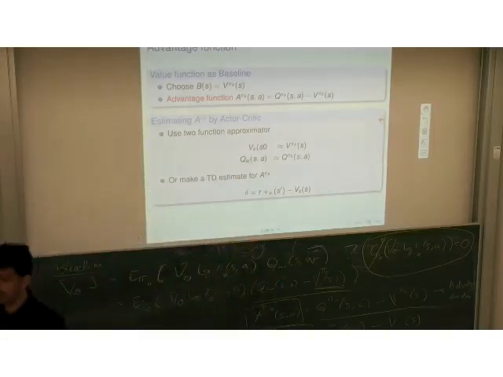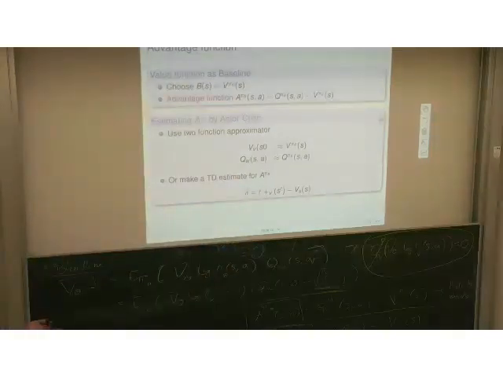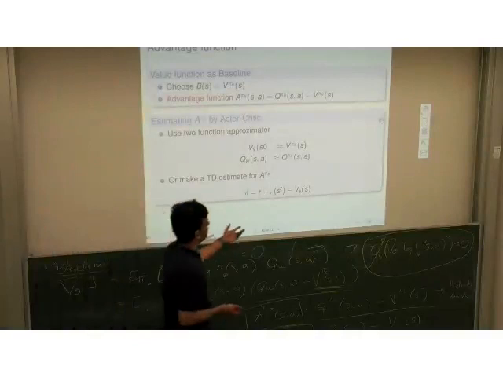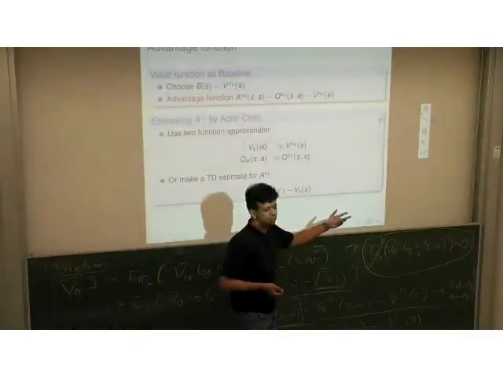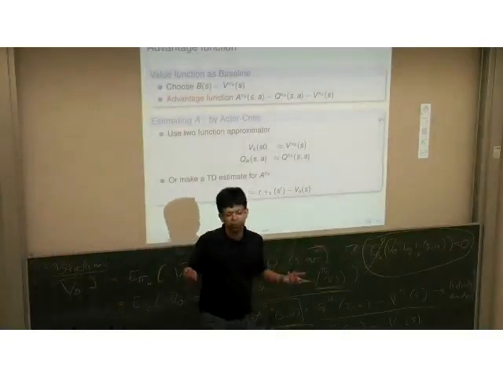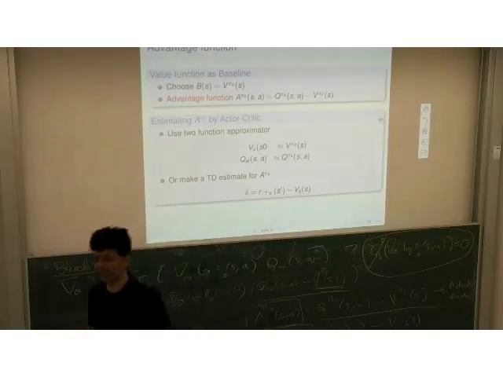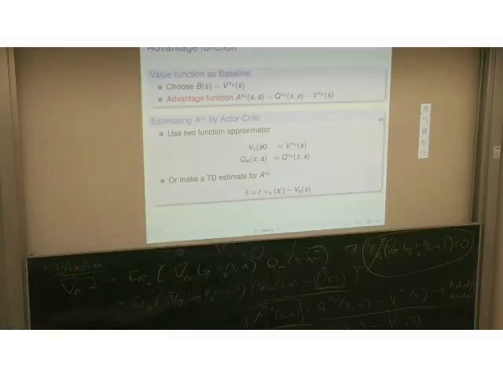But now there is a bias in this, because this is not an unbiased estimate of the Q, but it has a lower variance. So it's again always the same thing, that you're coming back to: TD has bias but low variance, and Monte Carlo has variance but no bias.